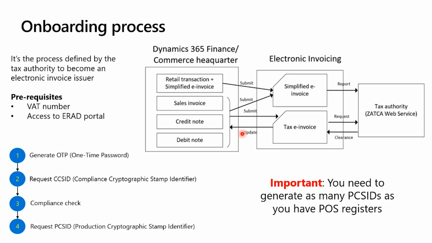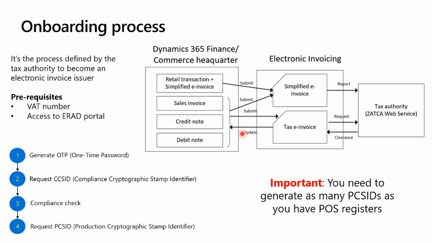Then, when this password is obtained, they need to request a so-called compliance cryptographic stamp identifier from the portal, again using some API or user interface of the portal. This cryptographic stamp identifier is basically the digital certificate that needs to be used for digital signing of invoices and authentication on the government portal.